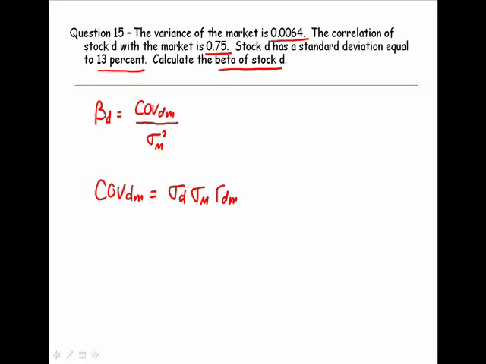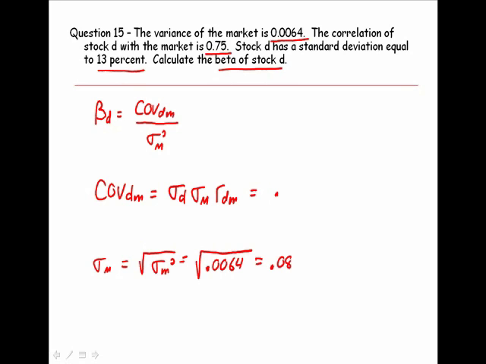The standard deviation of the market will be equal to the square root of the variance of the market. We were given the variance, 0.0064. So if we take the square root of the variance, we get 0.08 as the standard deviation of the market. So we plug that now into our formula for covariance. The standard deviation of stock D is 13%, 0.13.